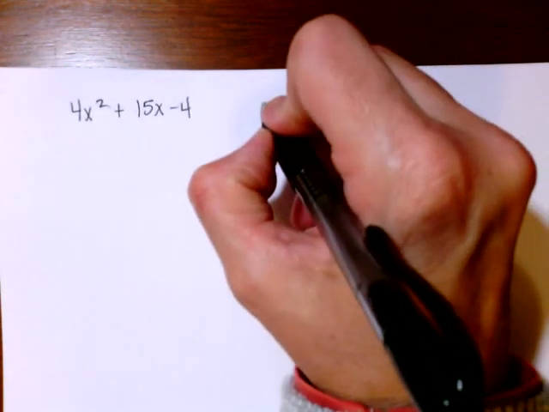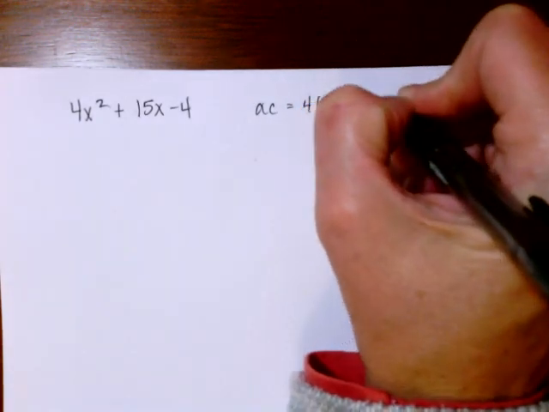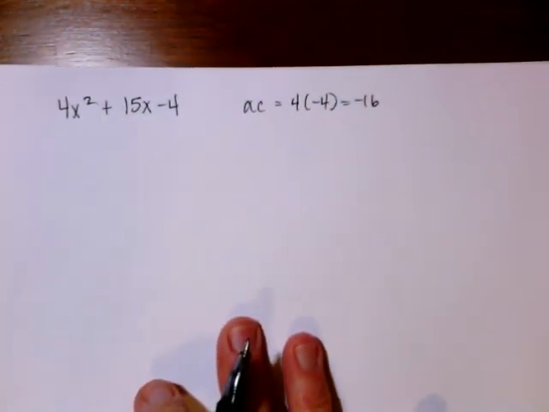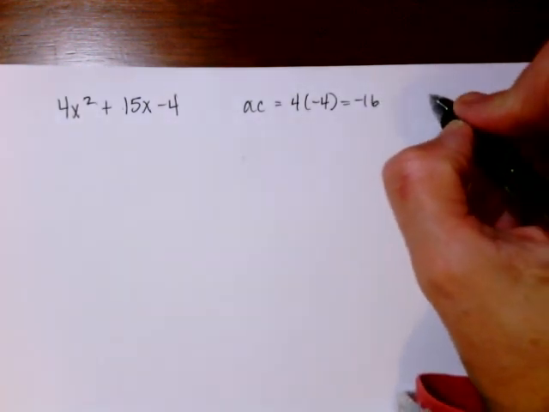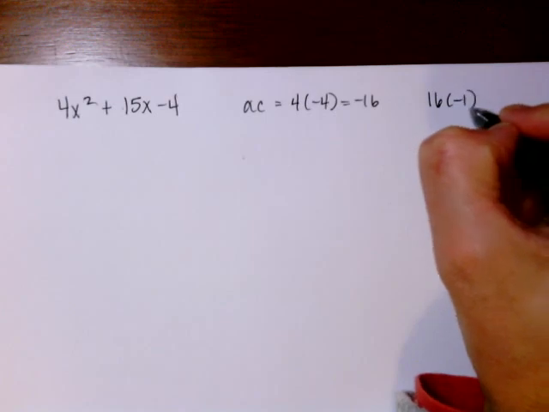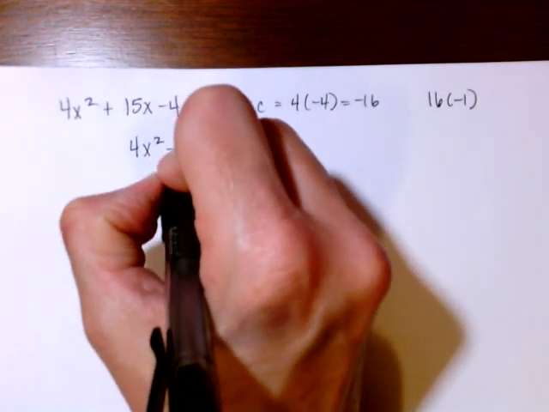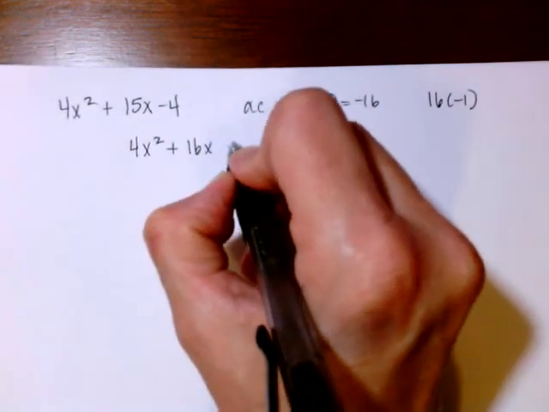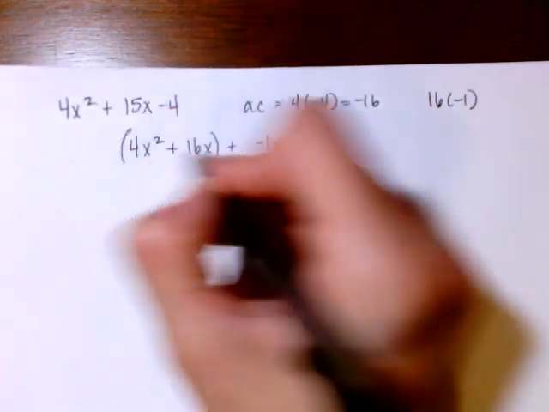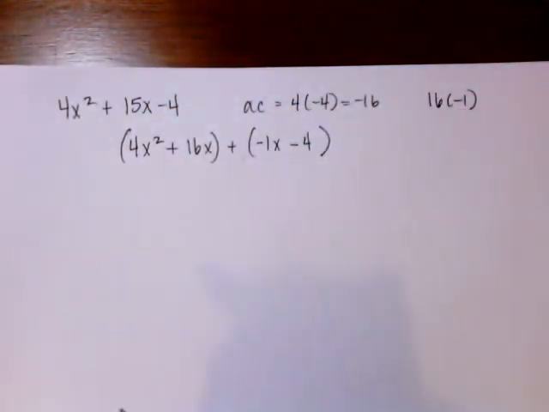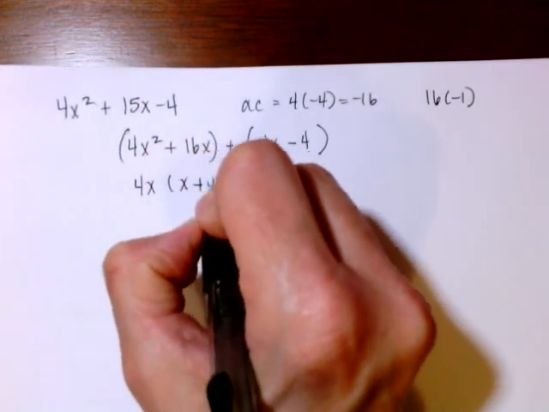So I'm going to multiply my A and my C. So 4 times a negative 4 is a negative 16. And the factors of a negative 16 that add or subtract to give me 15 are going to be a positive 16 and a negative 1. All right, so I'm going to rewrite. So I get 4x squared plus 16x plus a negative 1x minus 4. I'm going to group and group. In the first two, I'm going to take out a 4x, and I'm going to be left with x plus 4.